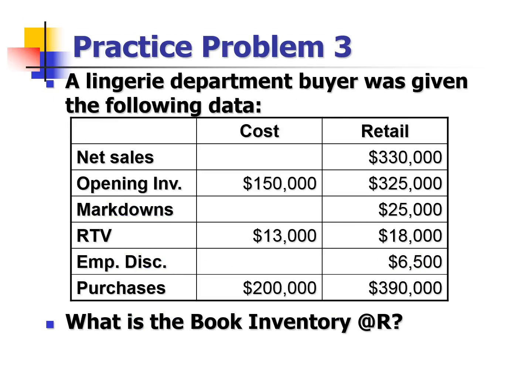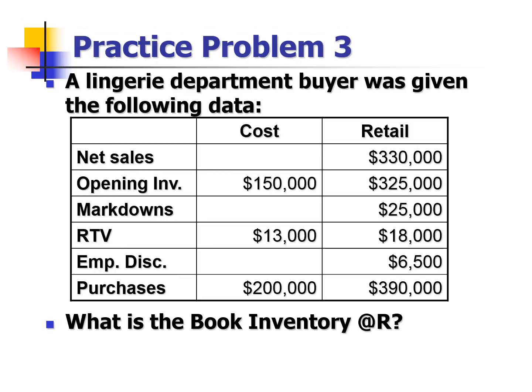Alright, let's work on another problem. A lingerie department buyer was given the following data, and the data indicates the net sales, opening inventory, markdowns, returns to vendor, employee discounts, purchases, all these kinds of things. For some of those items, we know the cost and retail values, like opening inventory, returns to vendor, and purchases, but for the rest we are just given the retail value.